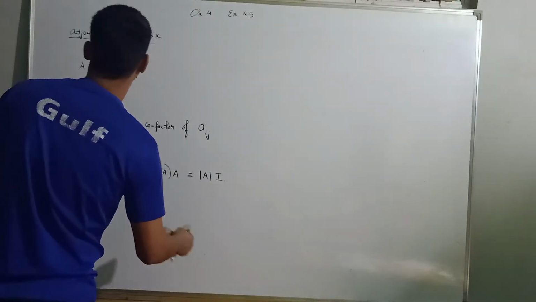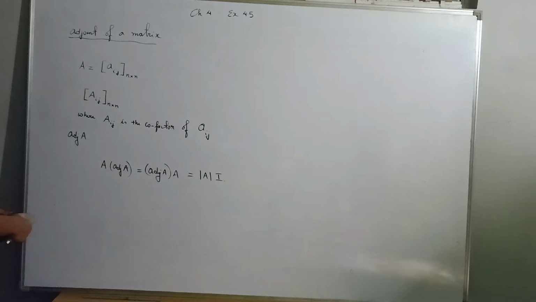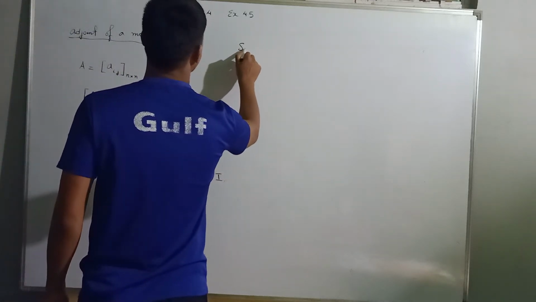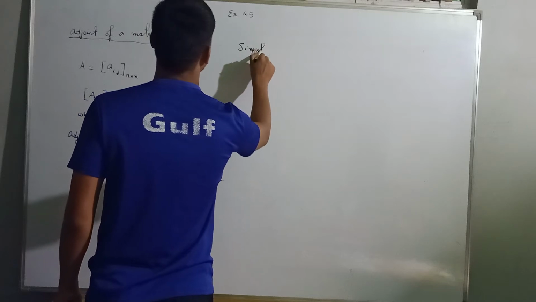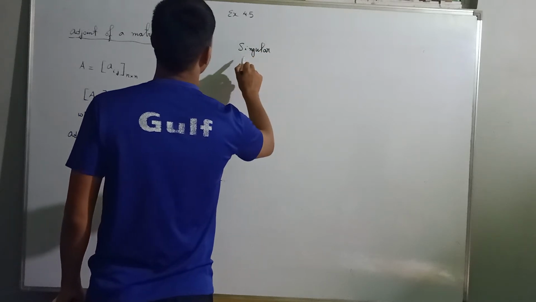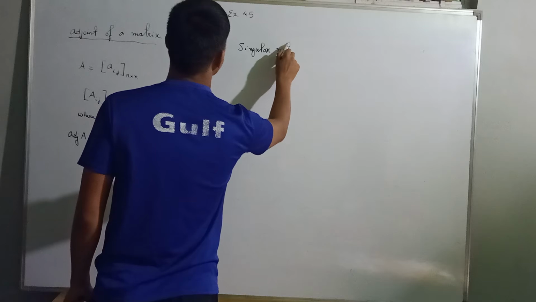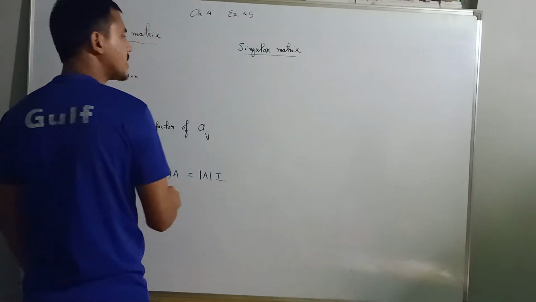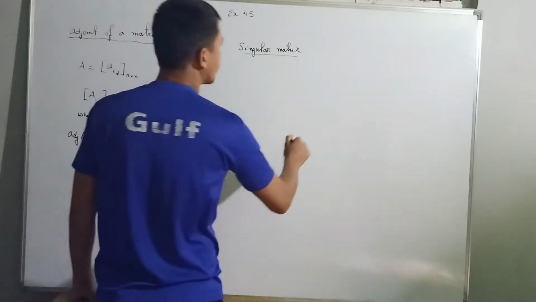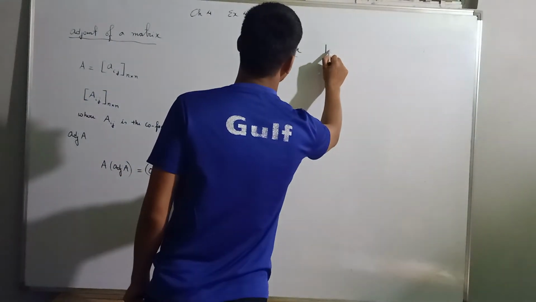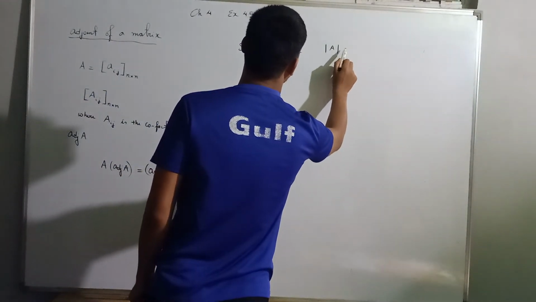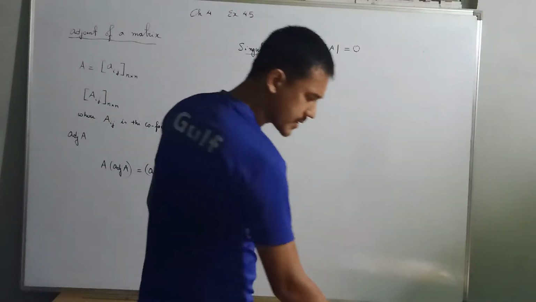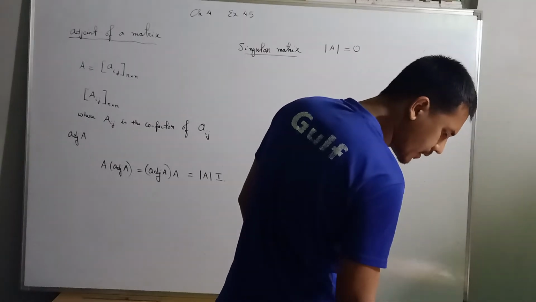Now, there are some things that you need to know. Singular matrix. A matrix is said to be a singular matrix if the determinant of A is equal to 0.